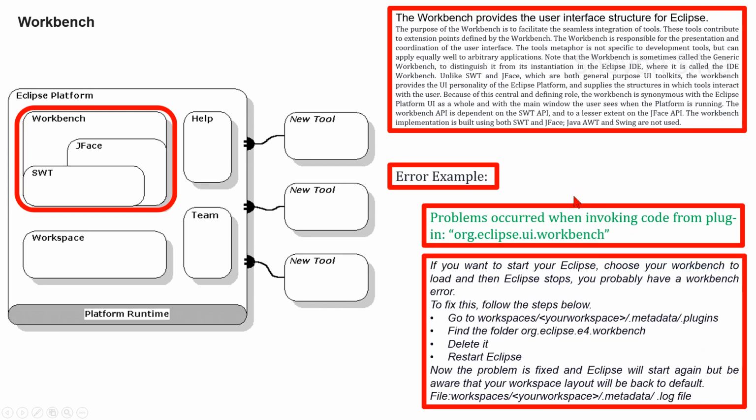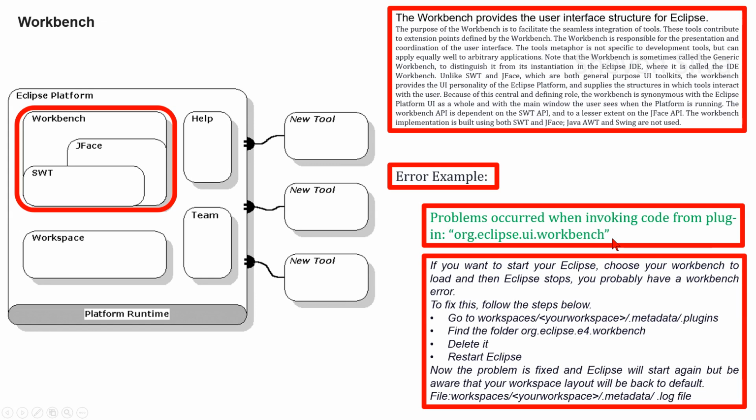We can consider this as an error example. Problems occurred when invoking code from plugin org.eclipse.ui.workbench. If you want to start your Eclipse, choose your workbench to load, and then Eclipse stops. You probably have a workbench error. To fix this, follow the steps.